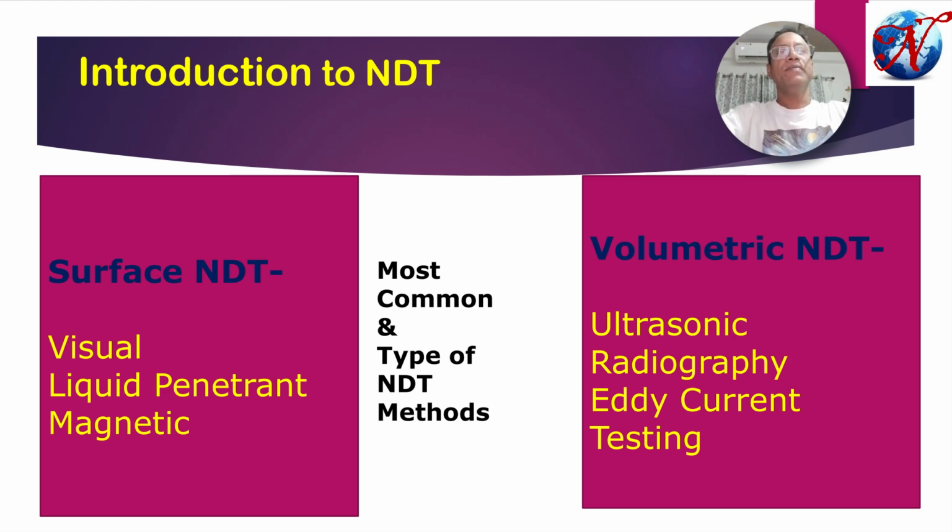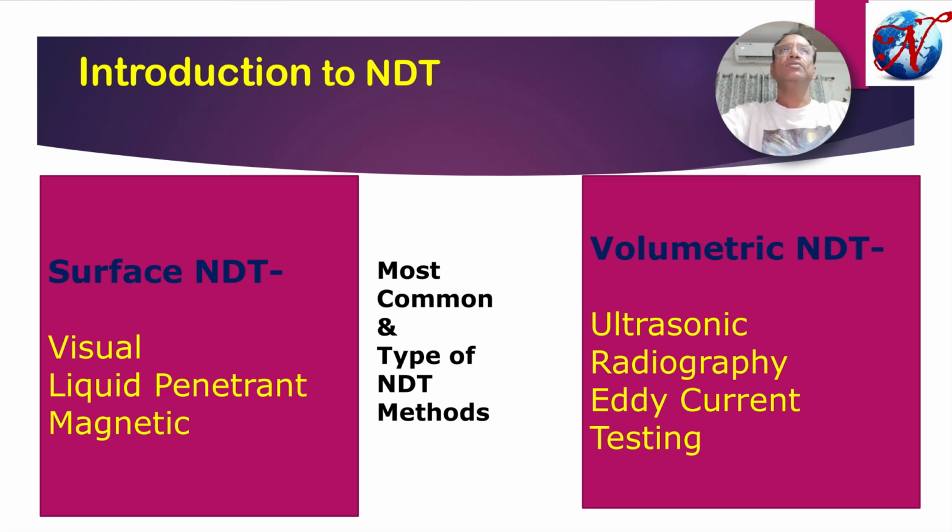In a similar way, volumetric NDT like radiography, ultrasonic and eddy current testing, we use to identify the internal integrity of your inspection part. It may be a welded part, casting, forging, or assembled part, and it has the ability to identify all kinds of defects associated with its volume.